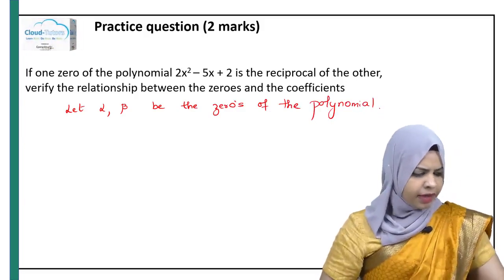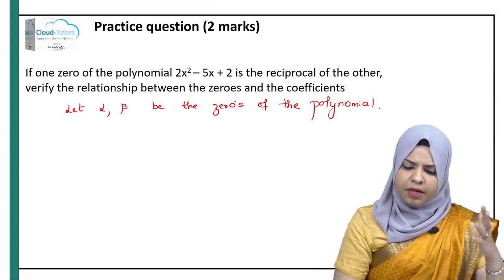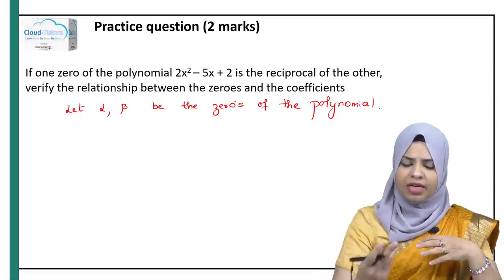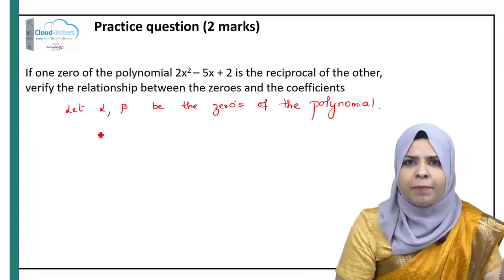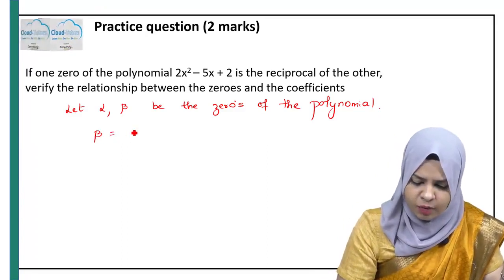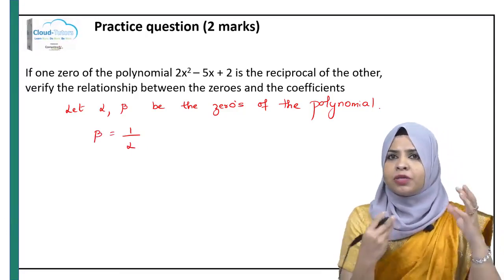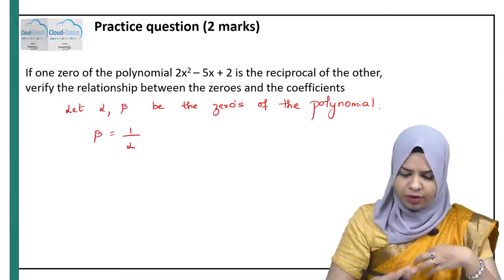Now, they say that one root is the reciprocal of the other. That means let alpha be the root, then beta will be equal to 1 by alpha. Because it's the reciprocal, right?